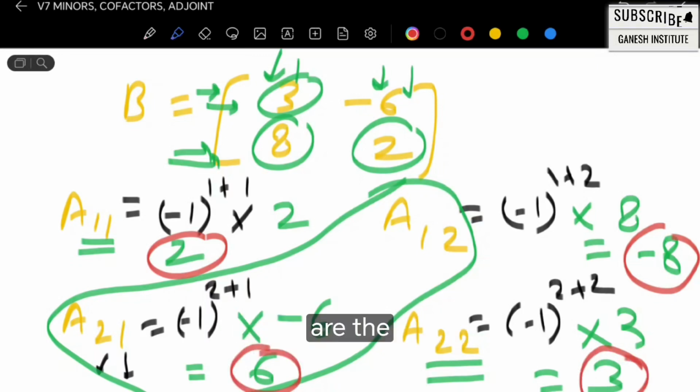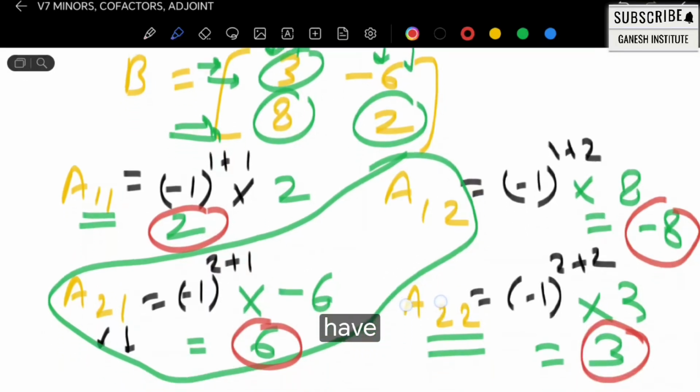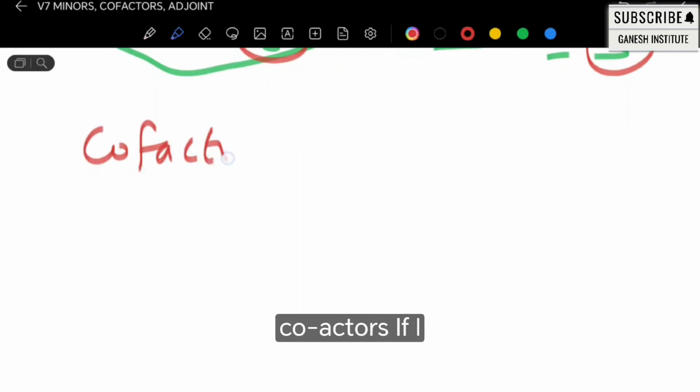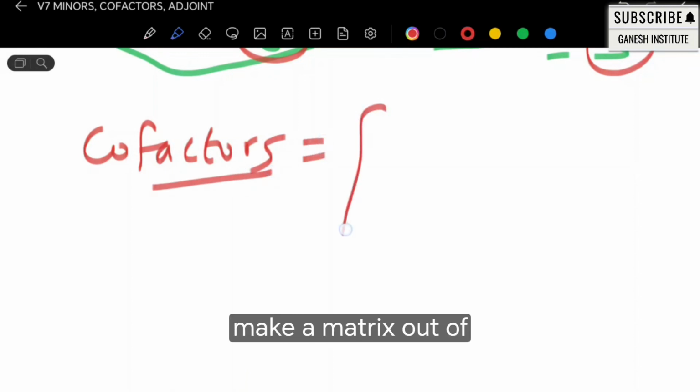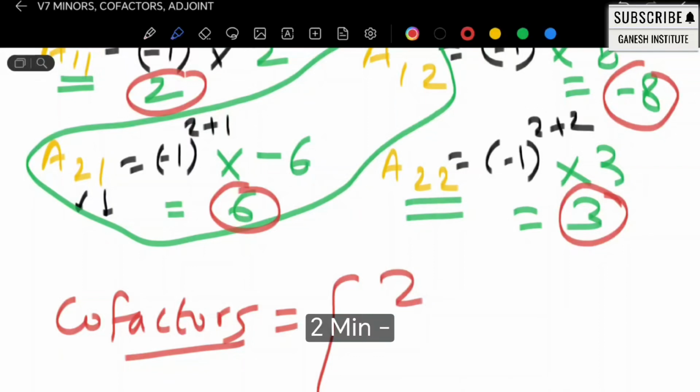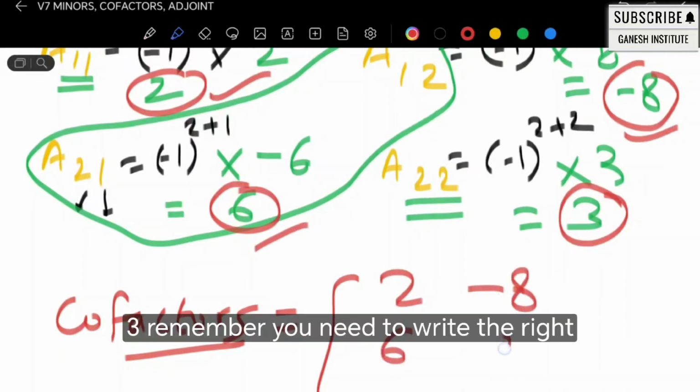These are the cofactors. And when I have the matrix of cofactors, if I make a matrix out of this, it is 2, minus 8, 6, 3.